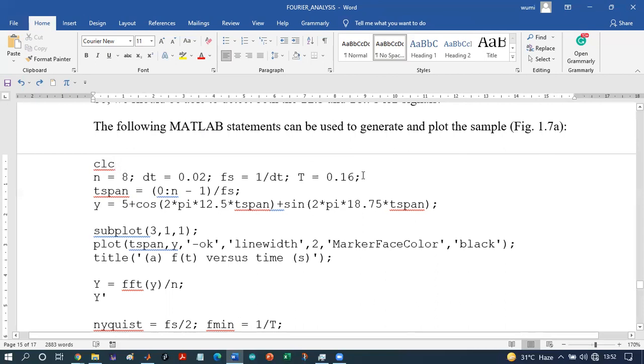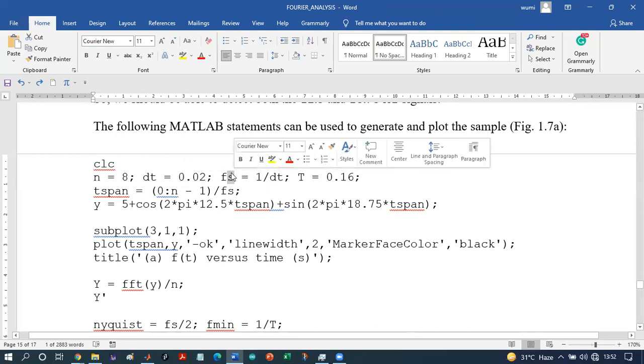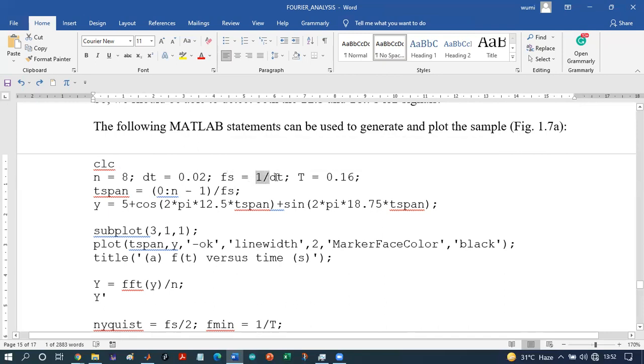This second line says N is equal to 8. In the question, the number of samples is equal to 8, so that's why you have N is equal to 8. Then the sample interval is given in the question as 0.02, that's why you have this 0.02. Then fs is the sampling frequency, which is the inverse of the sampling interval, so you have 1 divided by dt.